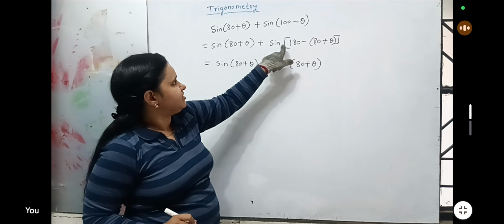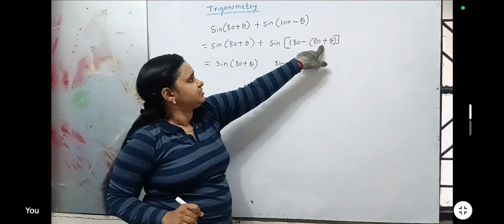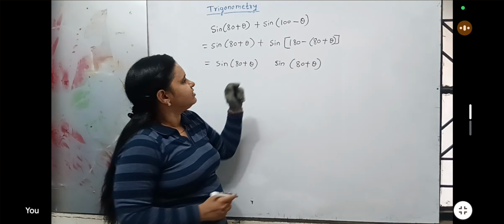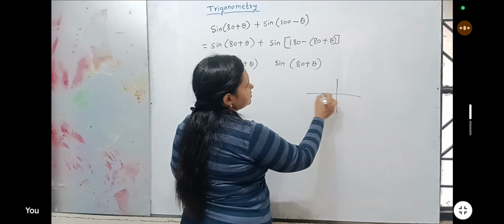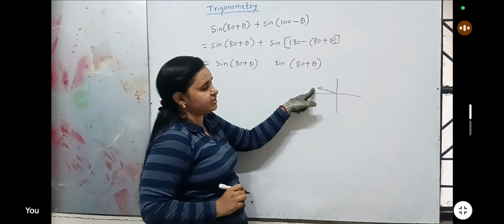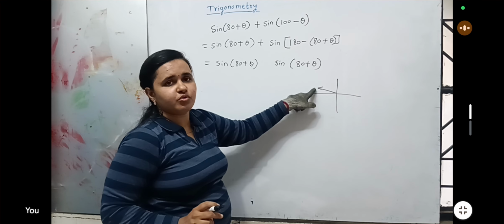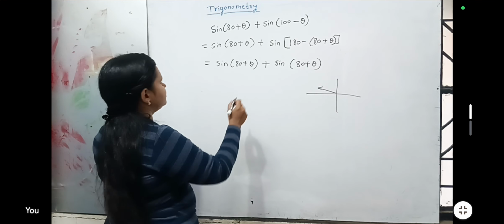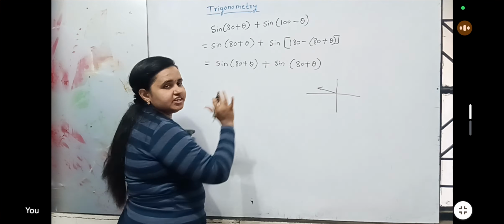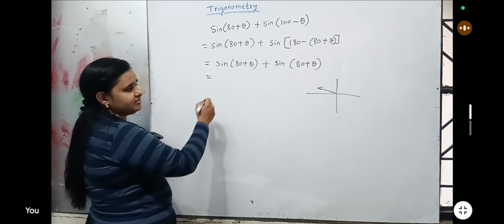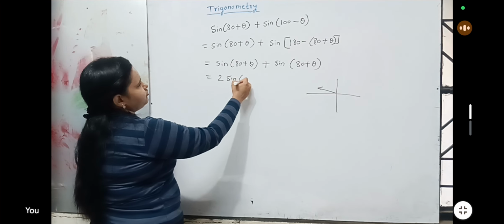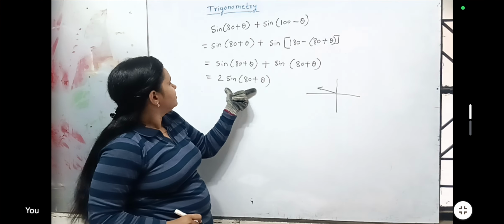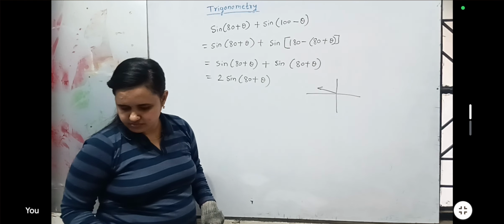And as it is 180 minus this theta, it is in second quadrant. In second quadrant sine is positive. So here we write it as positive. So sine 80 plus theta, sine 80 plus theta. What we get? 2 sine of 80 plus theta. So our answer is 2 sine 80 plus theta.